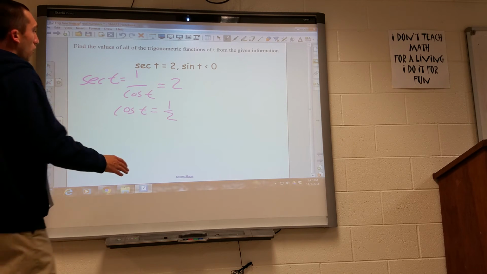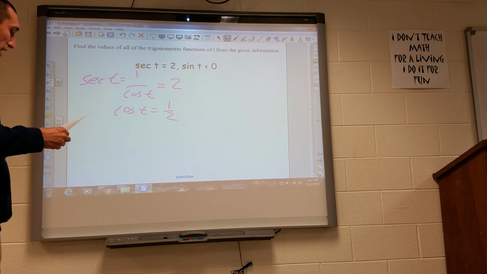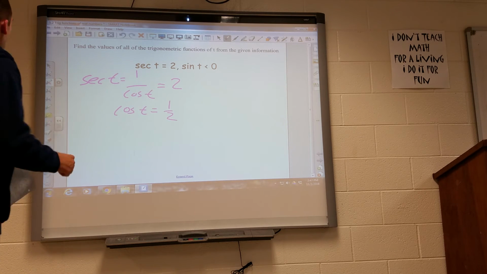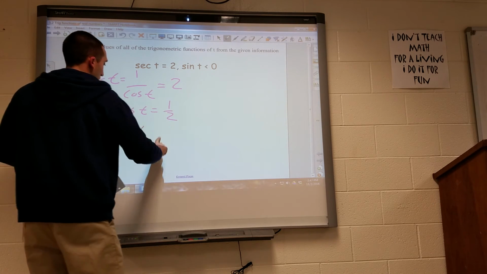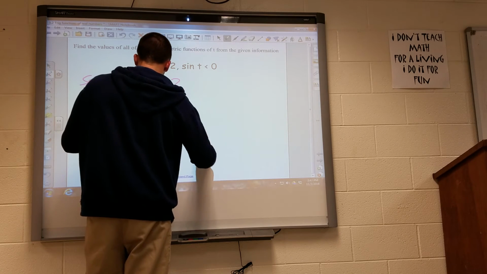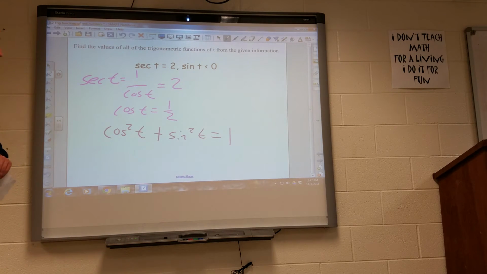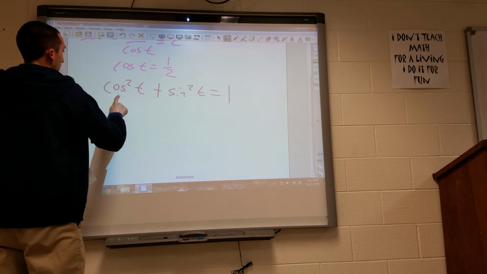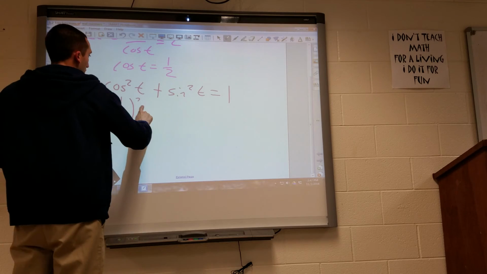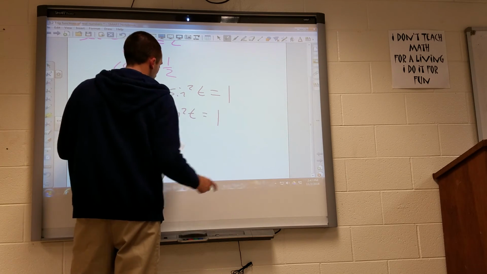So now that we know the cosine of t is equal to 1/2, we're going to use a different Pythagorean identity, that cosine squared t plus sine squared t equals 1. So I know my cosine squared t is 1/2 squared, and I do not know what sine squared t is.